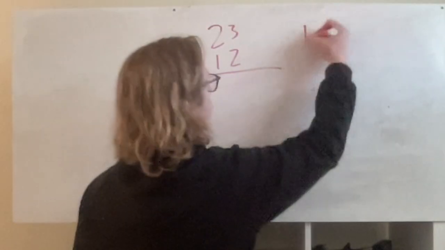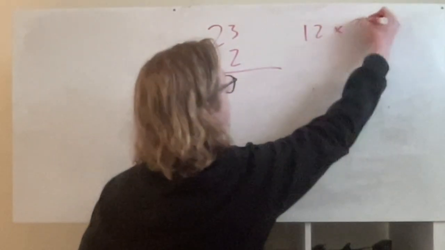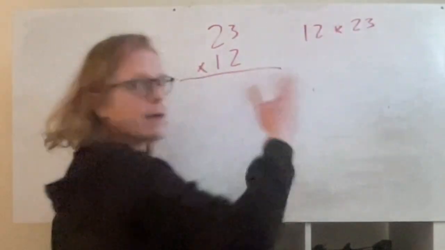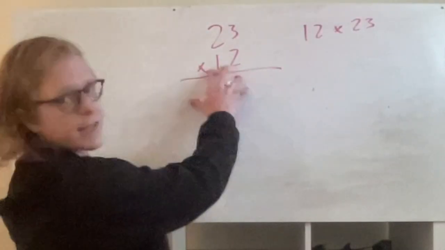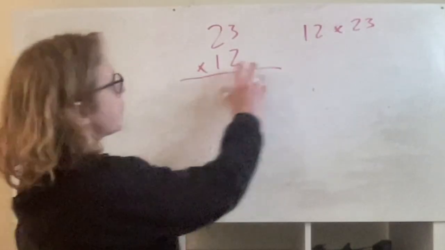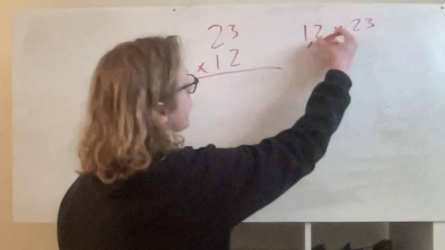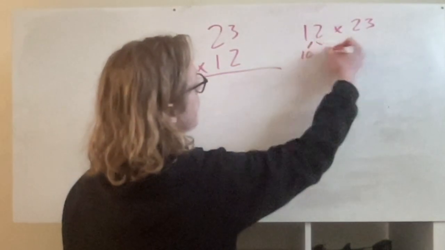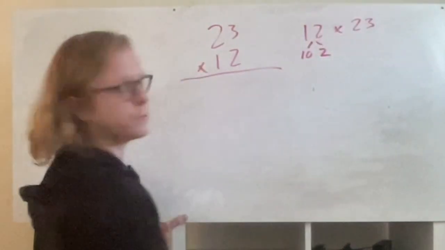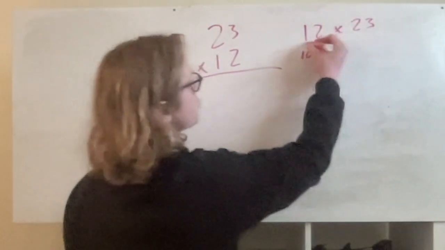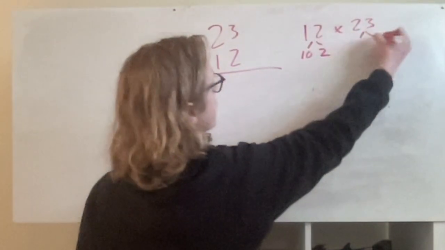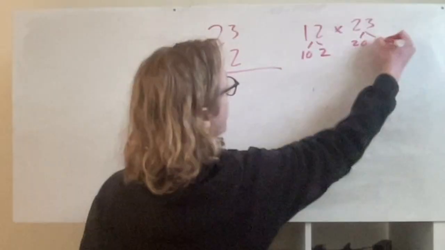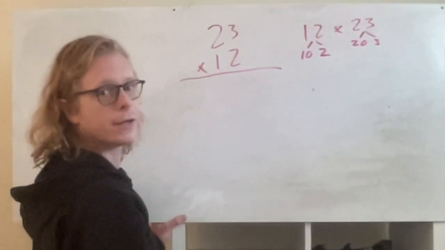So we have 12 times 23, 23 times 12, the order doesn't matter, right? Now, the way we have it set up here, we're going to break apart each of these numbers by place value, okay? So the 12 gets broken into a 10 and a 2, and the 23 gets broken into a 20 and a 3, okay?